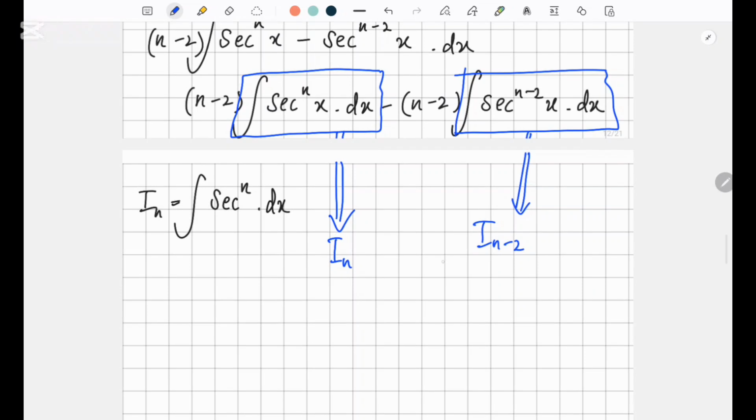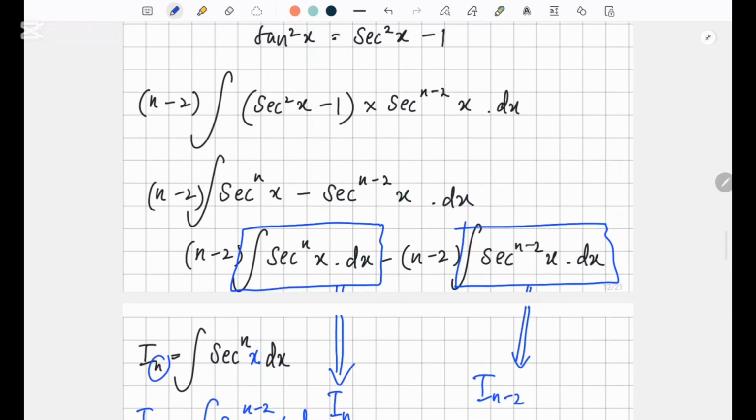Because if you have I_n equals the integration of sec x to the power n, I'm sorry, I forgot to write x over here. So if you have this, then I_(n minus 2) equals the integration of sec x to the power n minus 2, right?